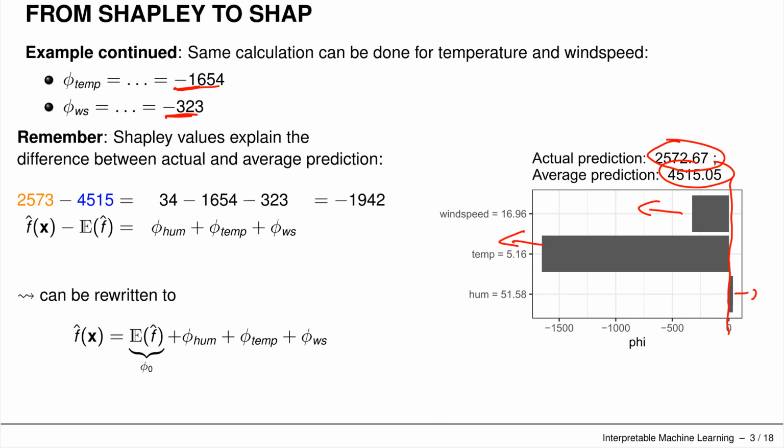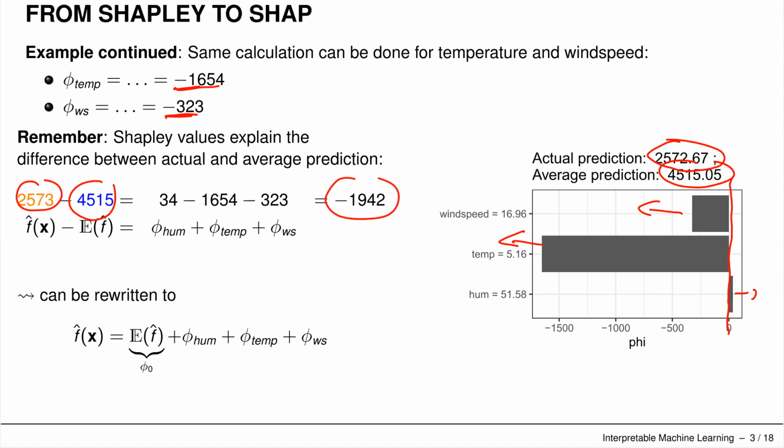And now we can write it in a way that our actual prediction minus the expected value is the sum of the Shapley values, which was minus 1,942.